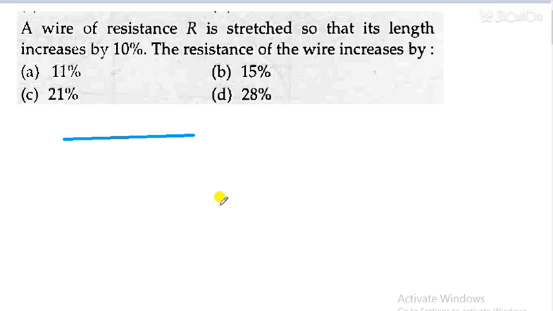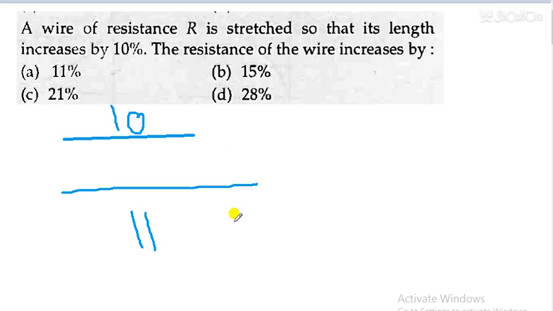Basically you can do what here you can write 100. Okay, let me take 10 here. So let's take 10 as the value of earlier length, then 11 will be the value of new length, because 1% increase is 1. In 100, 10% increase is 10, but in 10, 10% increase is 1.